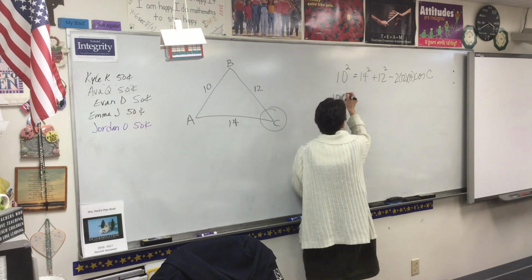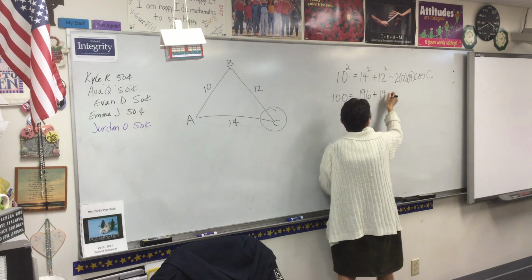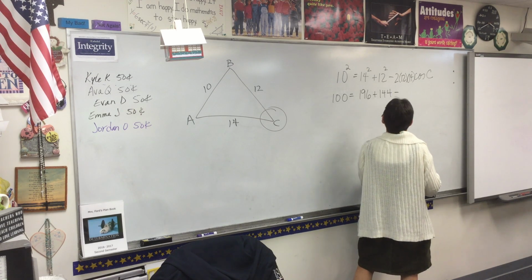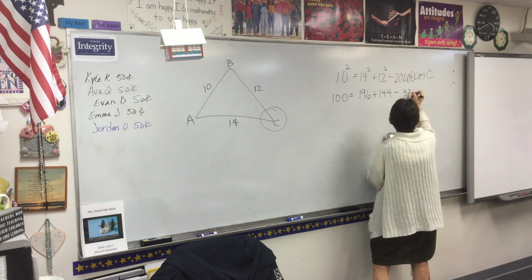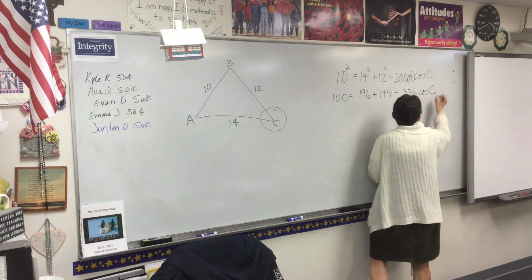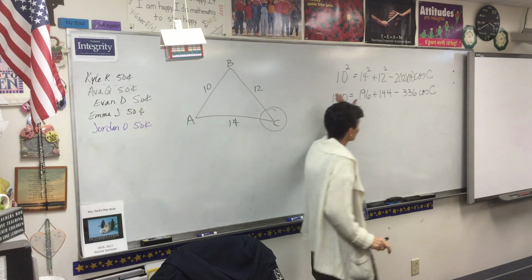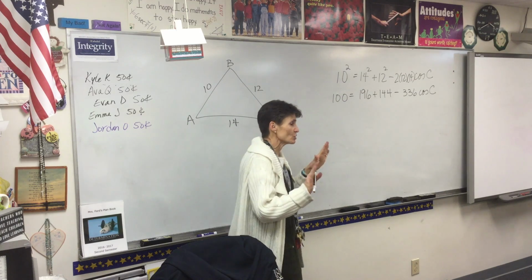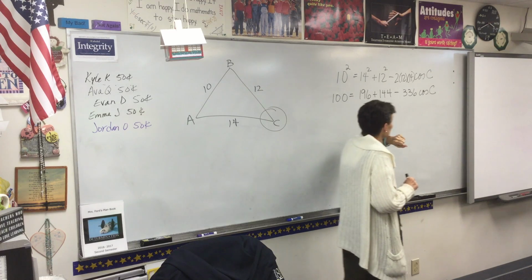So we have 100, 196, 144 minus, not that, 12 times 14 times 2, 336 cosine C. When the variable is in the equation somewhere, it's a little harder. So this is just my suggestion: go ahead and square everything and multiply it all together.